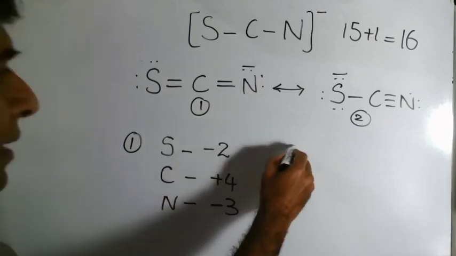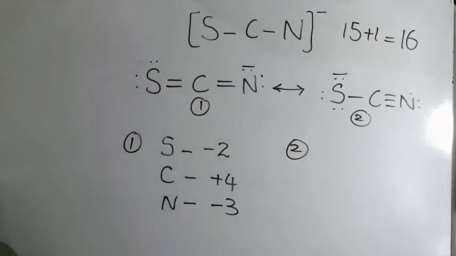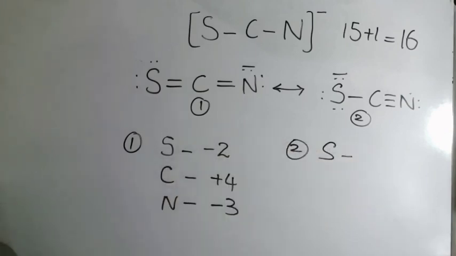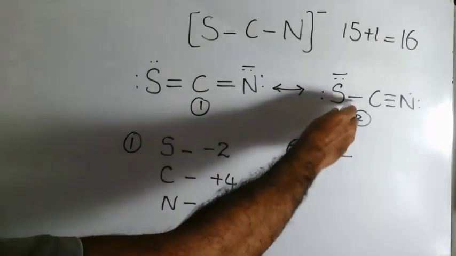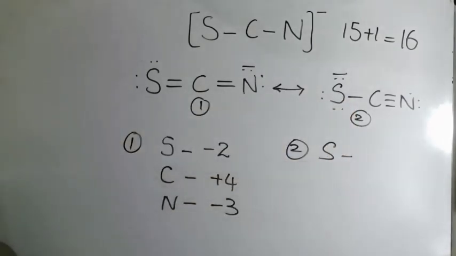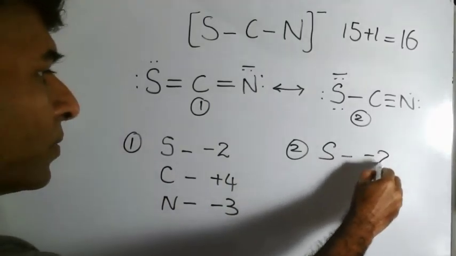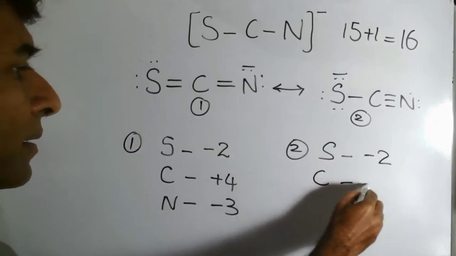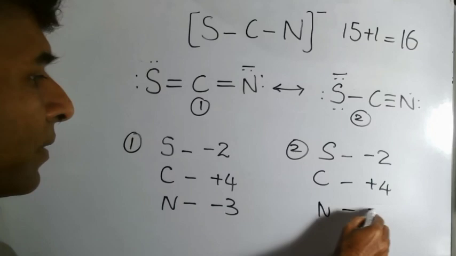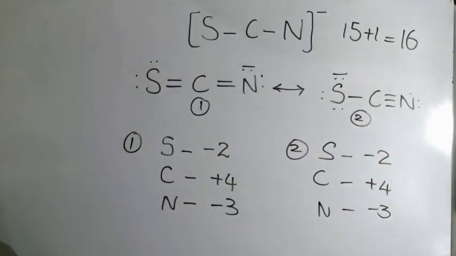When we come to structure 2, sulfur already has a negative charge. With this single bond, it withdraws 1 electron. So it gets again -2. Carbon stays +4, nitrogen -3, because there's a triple bond.